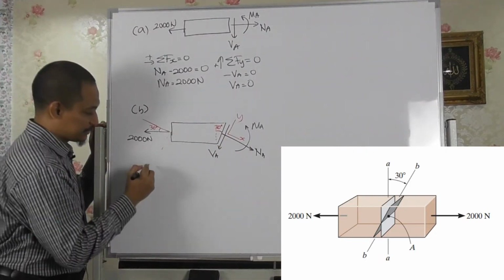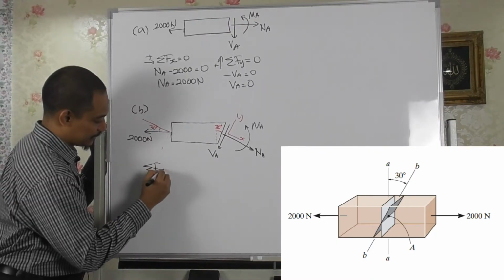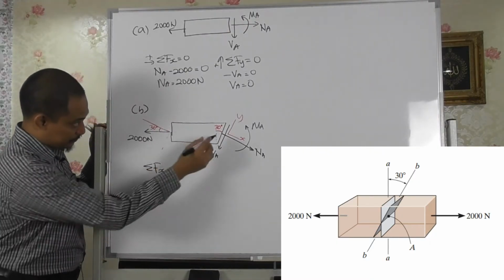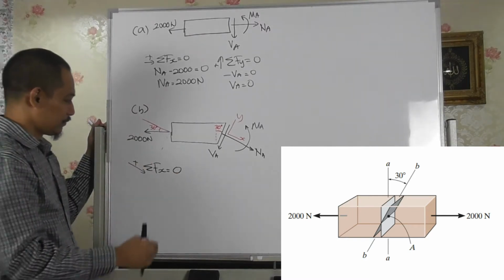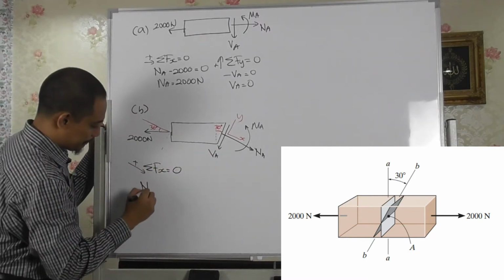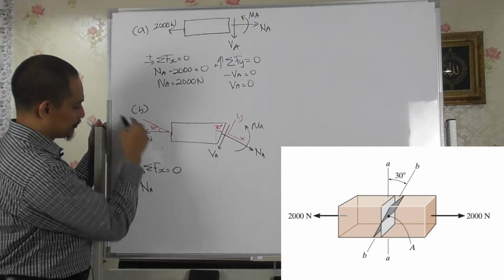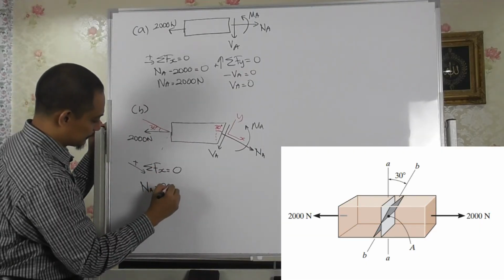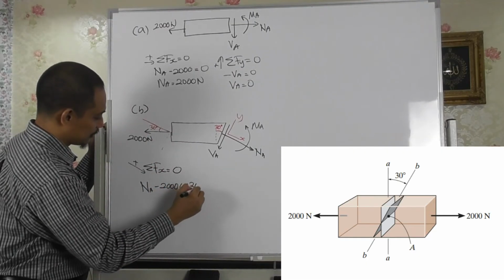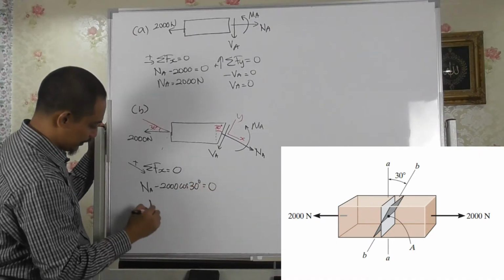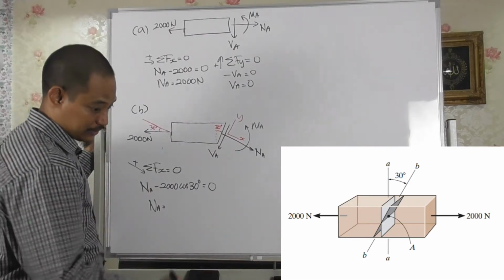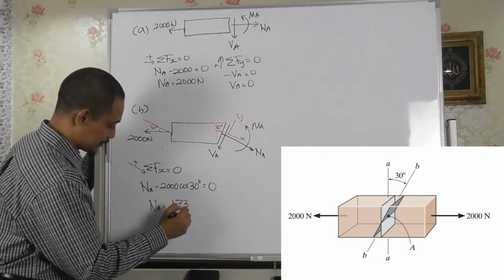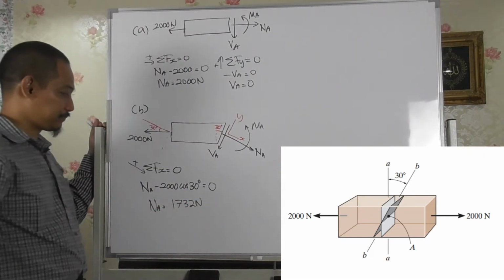Based on this, if you do summation of Fx equal to 0, taking that slanted direction as positive, you'll have NA, and then minus 2000 cos 30 degrees equal to 0. So NA will be 2000 cos 30, which is 1732 Newton.